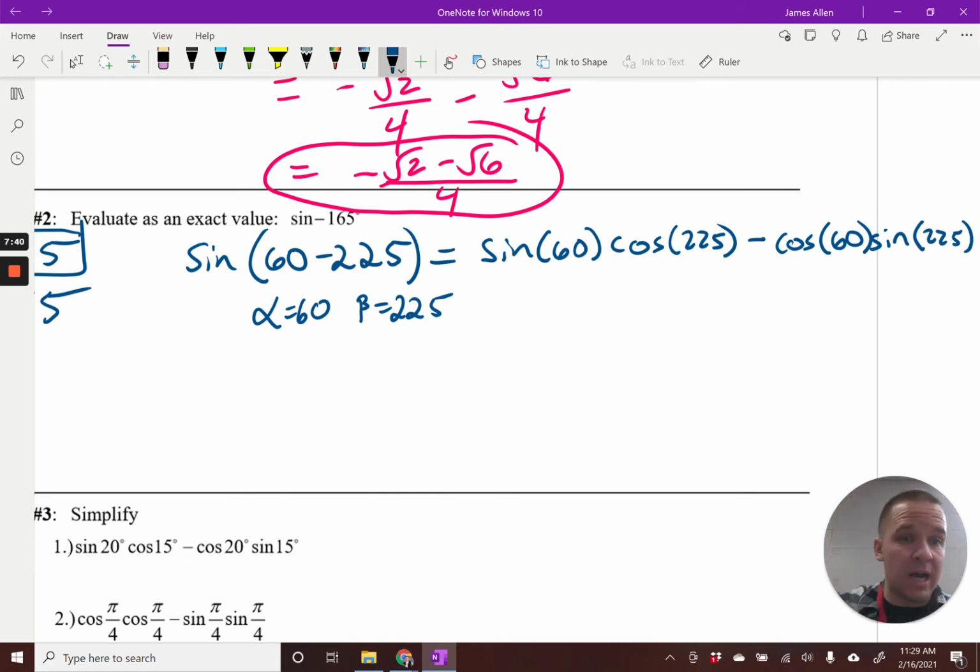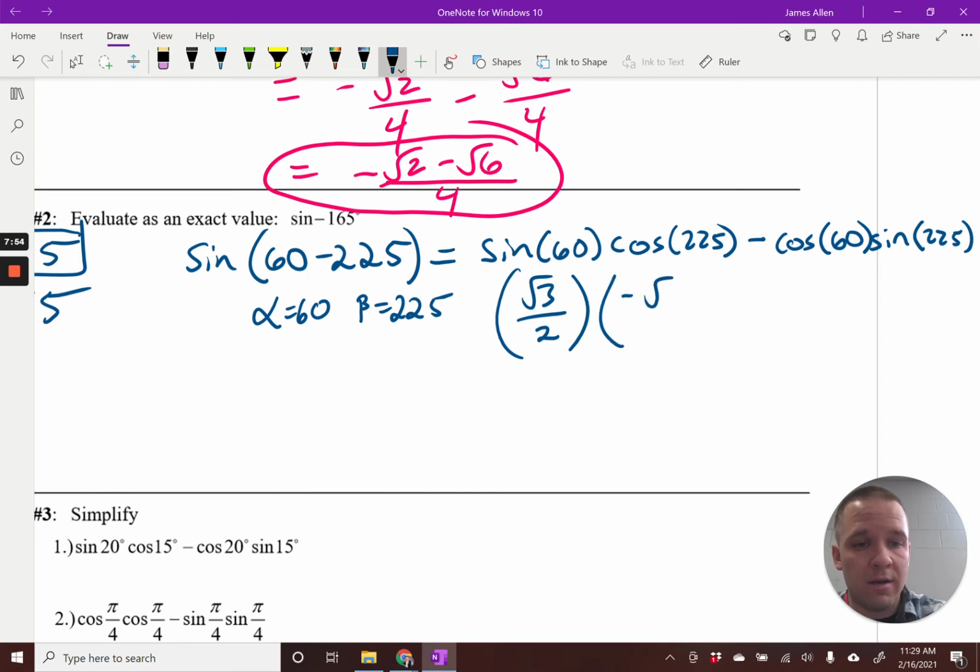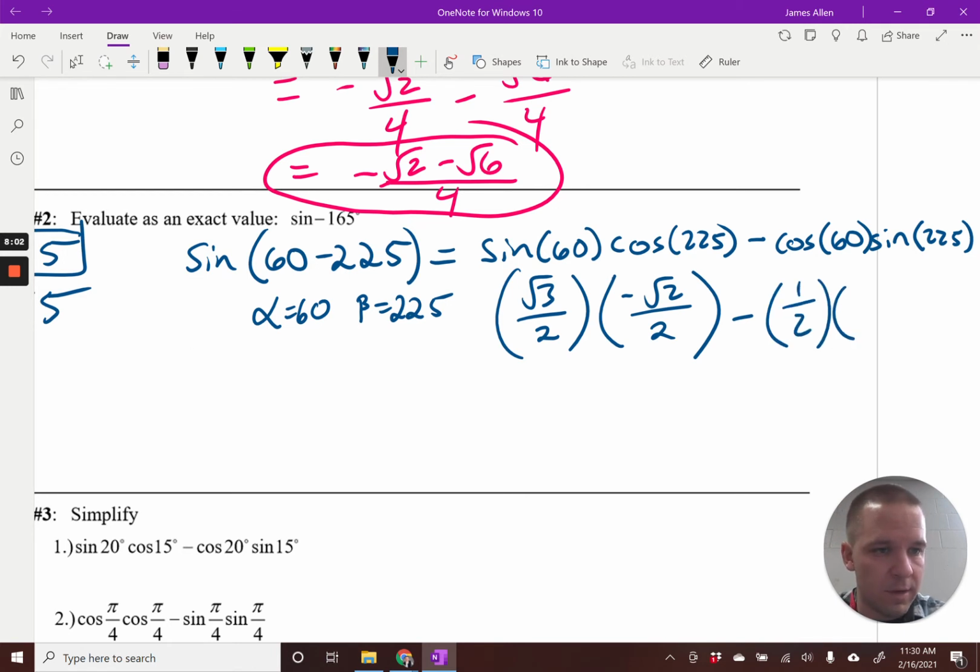And as we know with the sine formula, it's going to be subtraction. They match up. All right, so sine of 60, that would be root 3 over 2. Cosine of 225, that is going to be a negative root 2 over 2 minus. And then cosine of 60, that's 1/2. And then sine of 225, that's going to be negative root 2 over 2 as well.